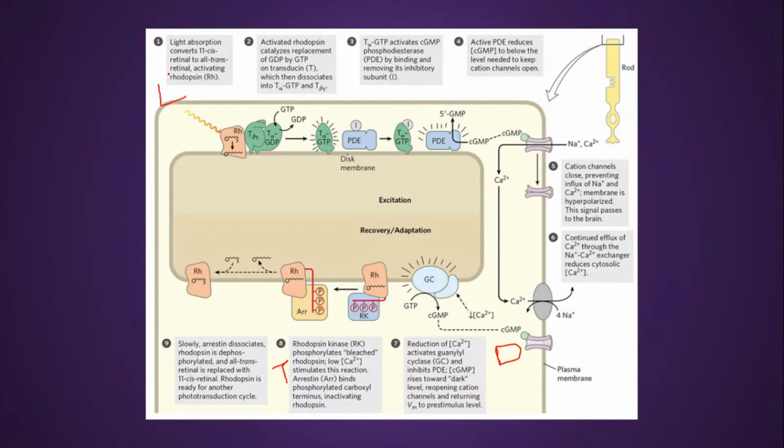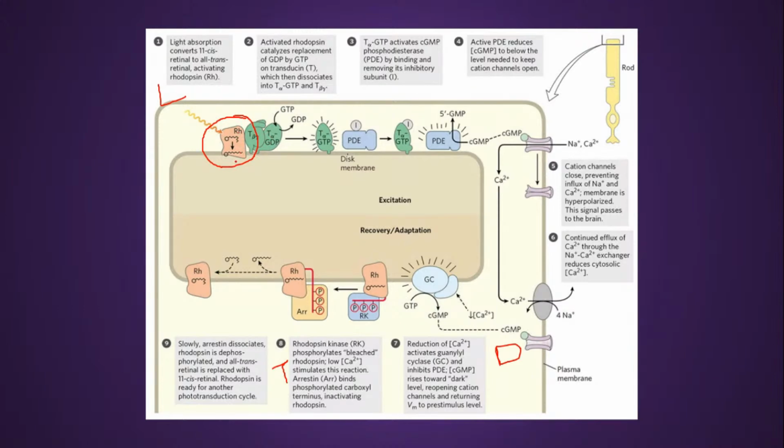Okay, sure. So we have got rhodopsin. Kritika, I took this picture from Lehninger. So we have the rhodopsin protein. When the light hits the retina, the rhodopsin protein gets activated.